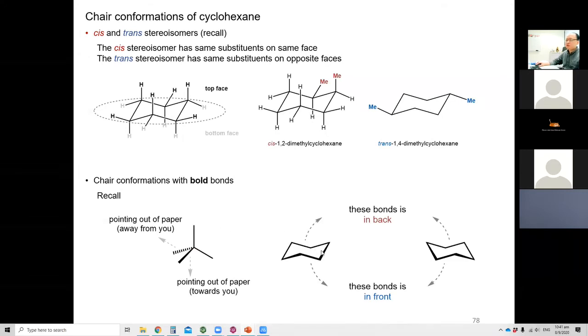So if we draw chair conformations like these two, you should be able to realize that these bold bonds are pointing toward you, in the front, and these other bonds are in the back. The same applies here. These 3 bonds are pointing toward you, and all the non-bold bonds are in the back of the molecule. So you can have a 3D feeling of the chair conformation.